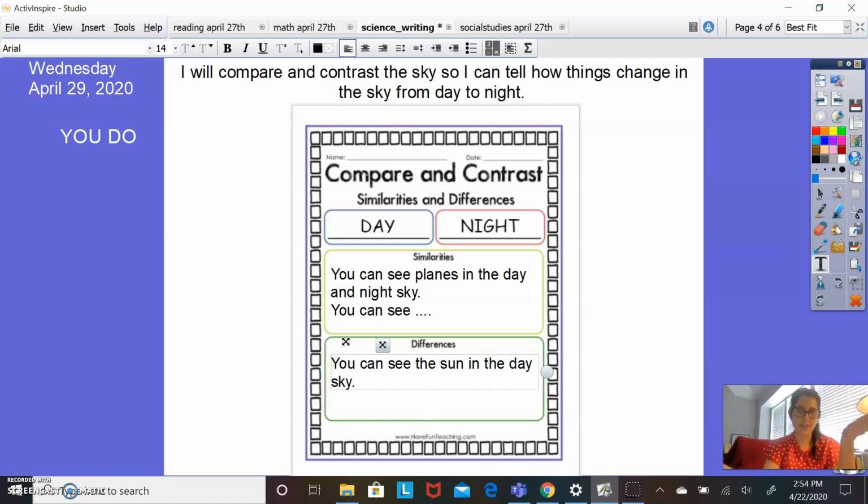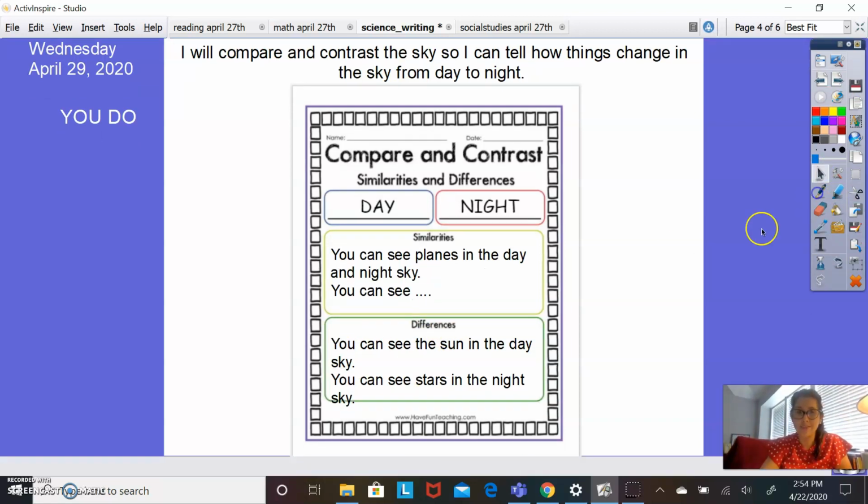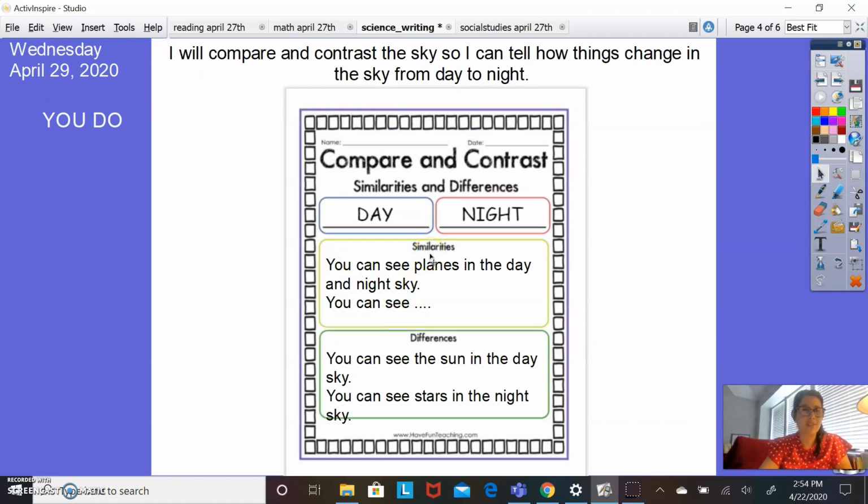We don't see the sun at night, do we? Then I'm going to say you can see stars in the night sky. Can we see stars in the day sky? No. So remember, the differences are the things that are not the same. The similarities are the things that are the same, similar.